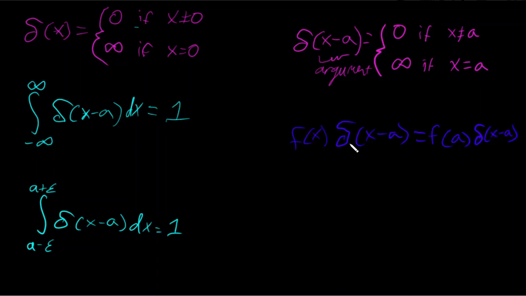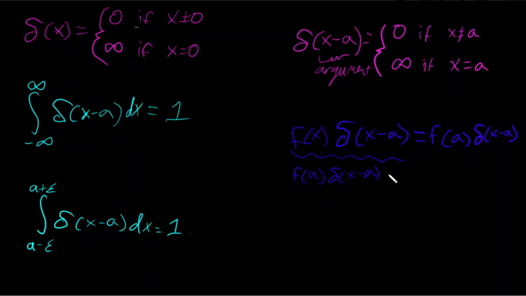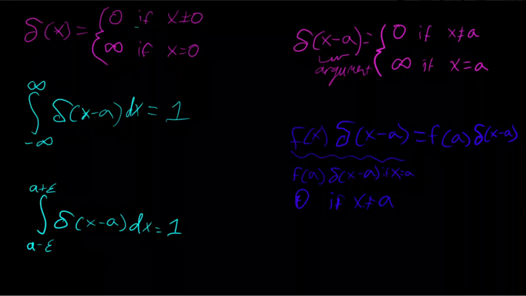What I mean by that, and we'll just compare the two: this is equal to f of a times delta of x minus a when x equals a, and it's equal to 0 if x does not equal a, right?